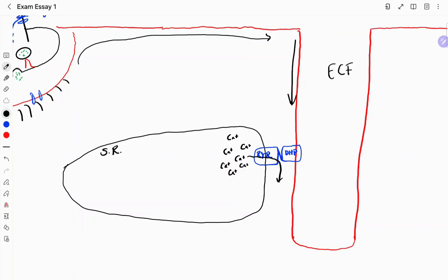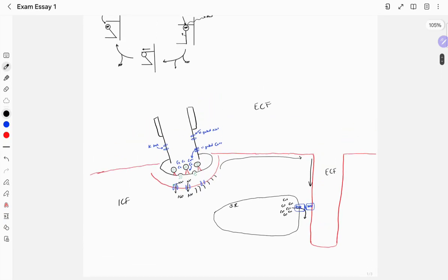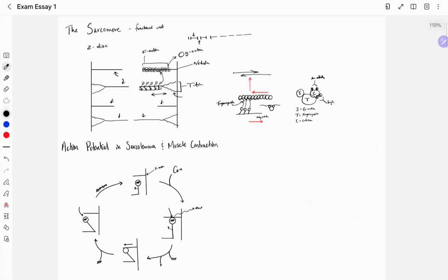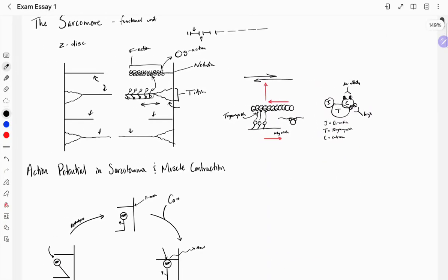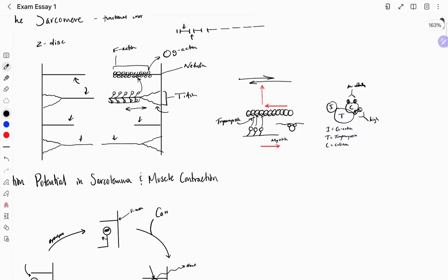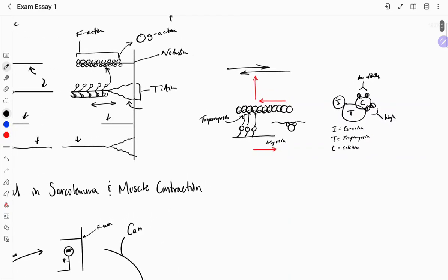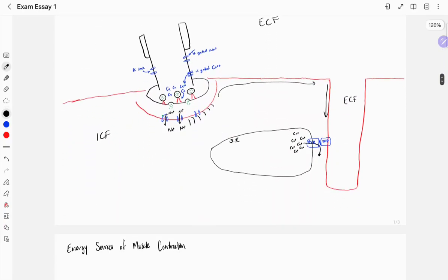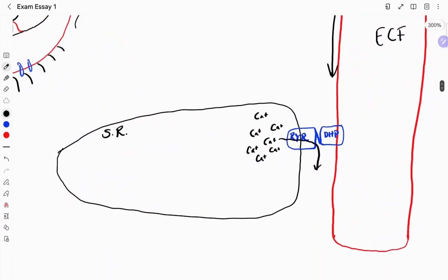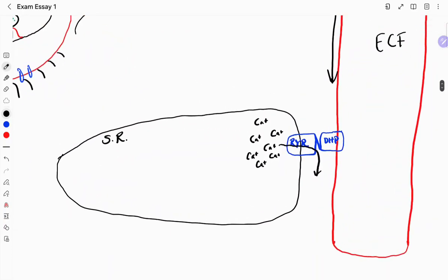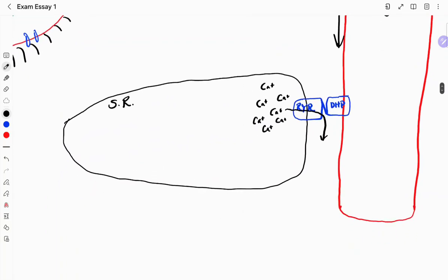Well, remember what we talked about earlier with the Z discs in the sarcomeres. When we have this calcium, we're able to have muscle contractions now because we have this myosin that's able to bind to the actin. So that's why it matters that all this calcium is coming out of the sarcoplasmic reticulum, and that calcium will be used by the sarcomeres.